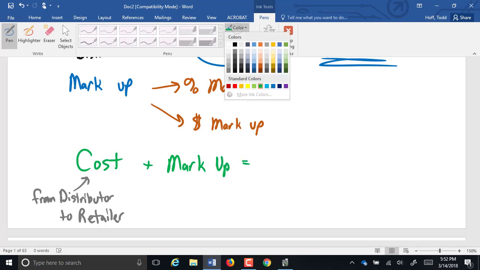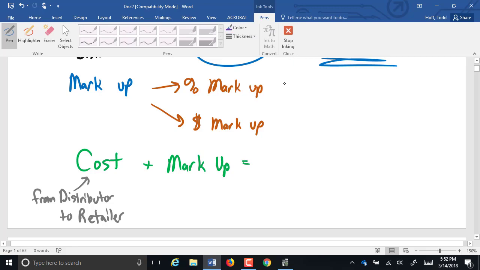That markup, of course, is the extra money that the retailer puts onto that item to cover overhead.